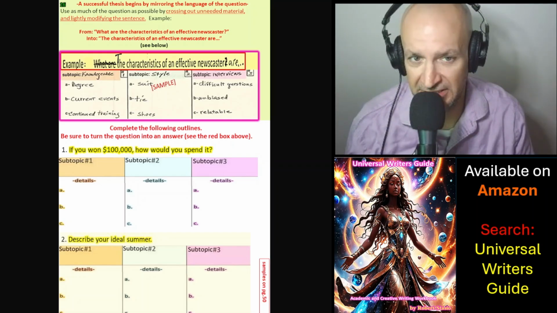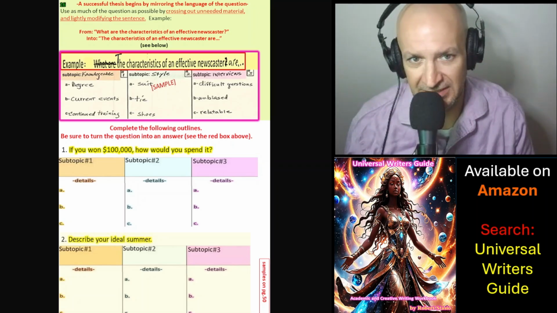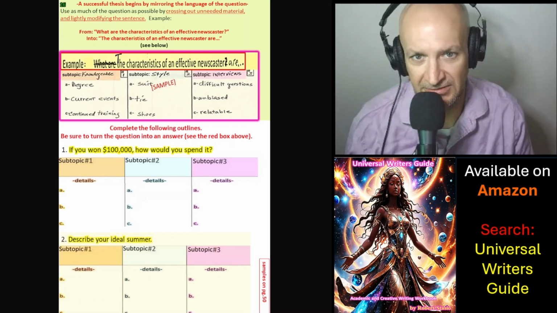And I've crossed out the "what are," not useful when we're modifying the question into an answer, right? Capitalize the T there so it reads "The characteristics of an effective newscaster." And then I added on the R, right there. Okay, so that's the very first part of the thesis going on.